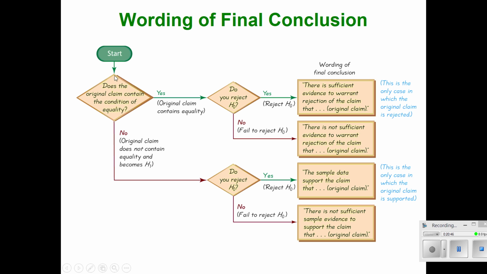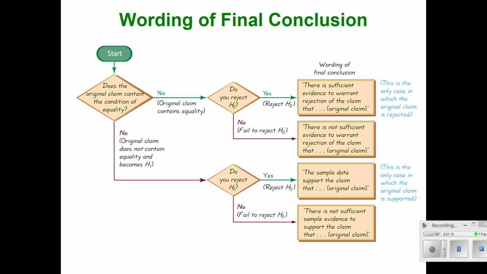We're going to determine whether the claim contains the condition of equality, because if it does, then it'll be in the null hypothesis. If it's in the null hypothesis and we reject the null hypothesis, then we are in effect also rejecting the claim. If your claim is in the null hypothesis but we fail to reject it, then we are failing to reject the claim.